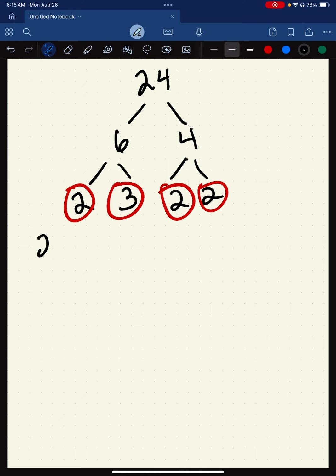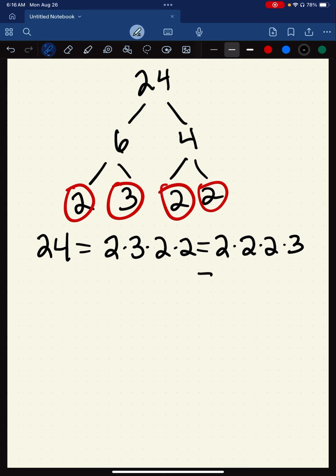So 24 is 2 times 3 times 2 times 2. And I'll put the 2's together. 2 times 2 times 2 times 3, which is 2 to the power of 3 times 3. And remember, this exponent does not mean 2 times 3. It means 2 times 2 times 2. 2 times itself 3 times.